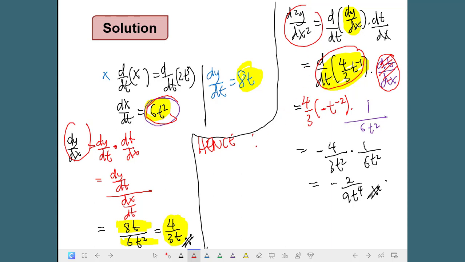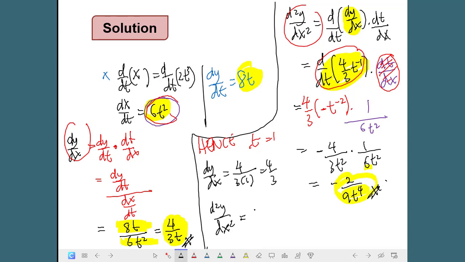Substitute t equal to 1 into dy/dx: 4 over 3, so dy/dx is equal to 4 over 3. Then for d²y/dx², substitute here.